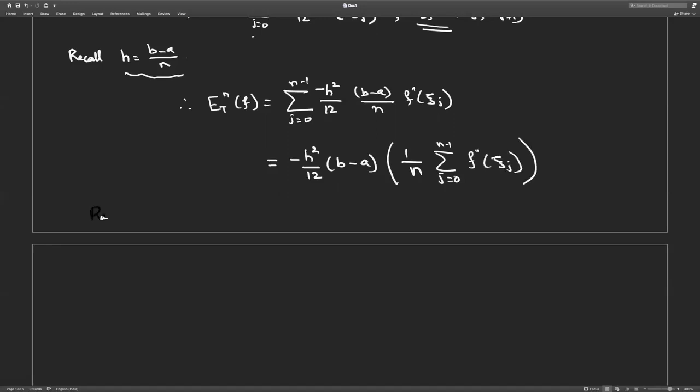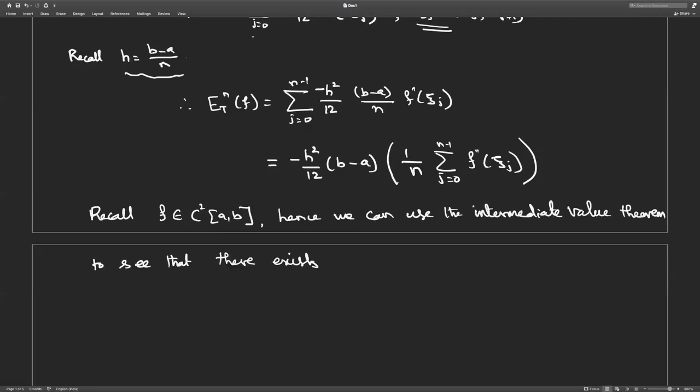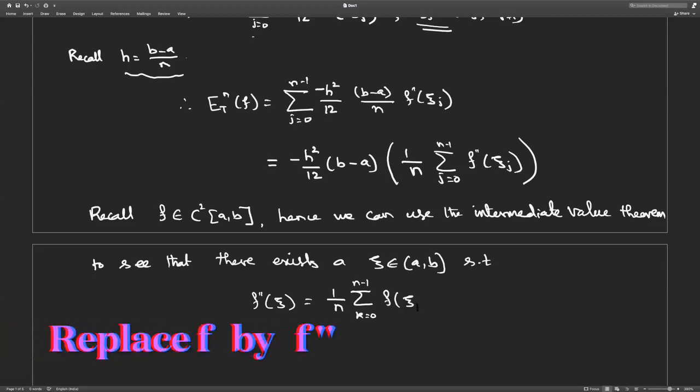We have assumed that f double dash is twice continuously differentiable on the interval [a, b], and therefore we can use the intermediate value theorem to see that there exists a xi in the interval [a, b] such that f double dash of xi can be written as 1 by n into sigma k equal to 0 to n minus 1 of f double dash of xi_k.